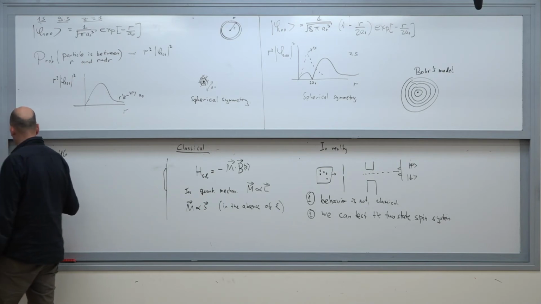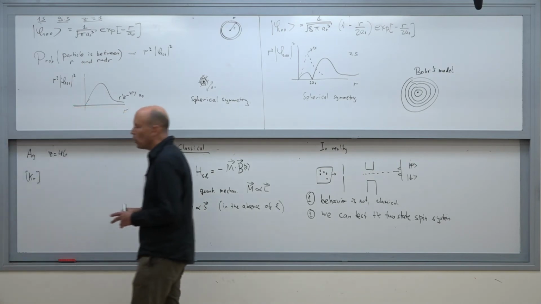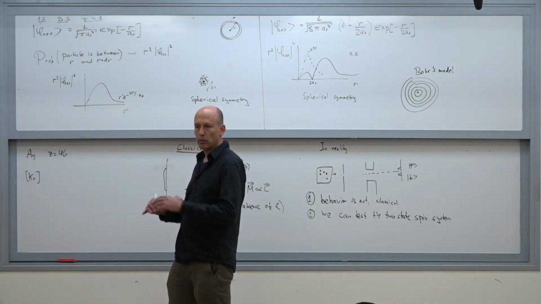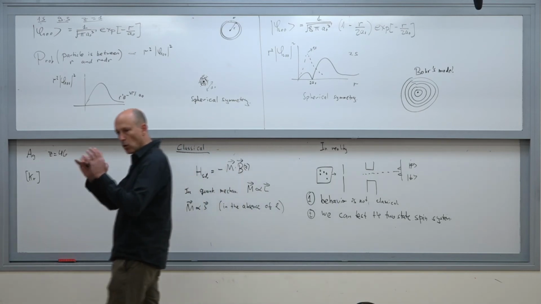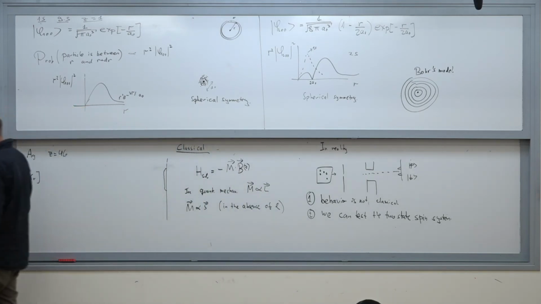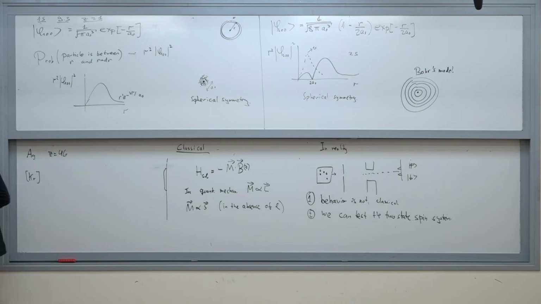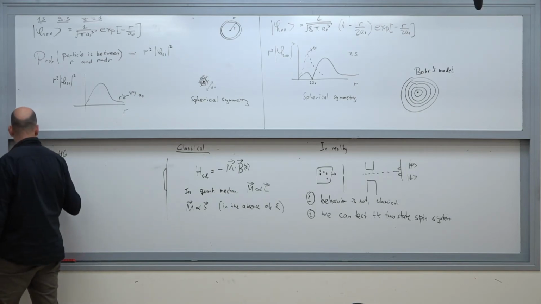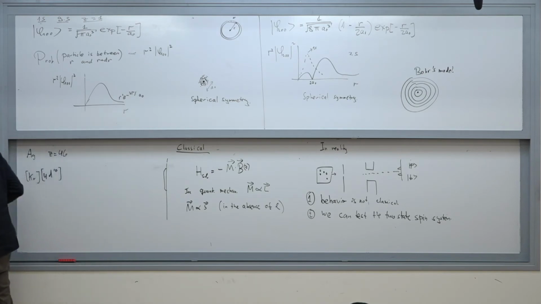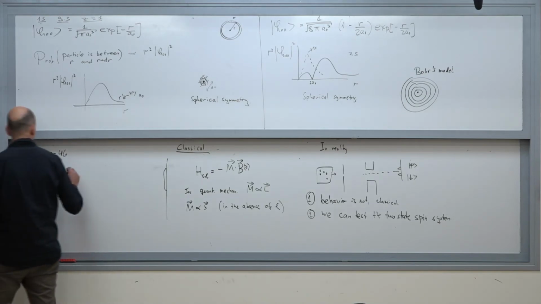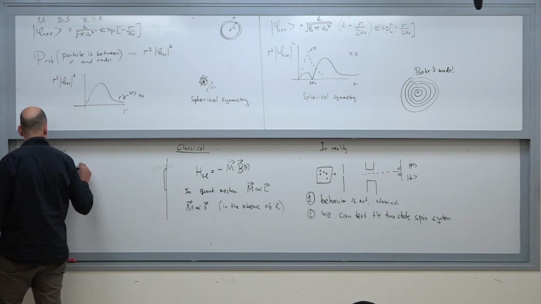Krypton is a noble gas, so I start with krypton, which is the closed shell of this system, and then I have 4d10, and then 5s1.